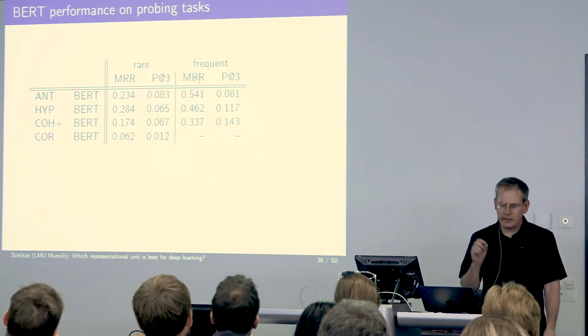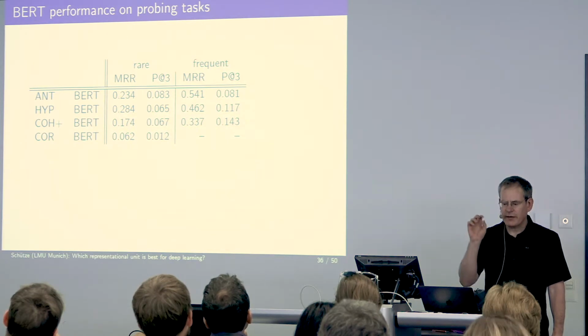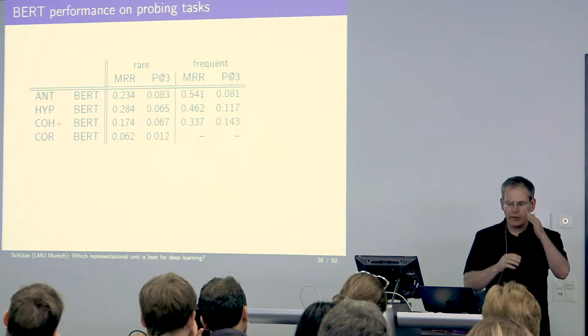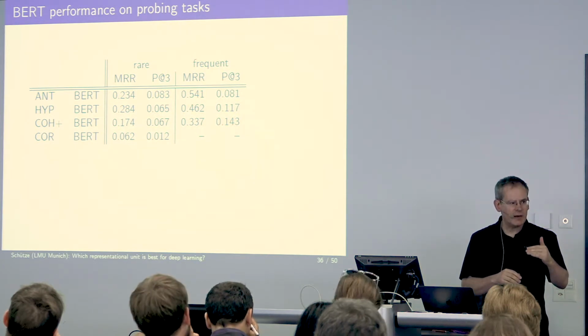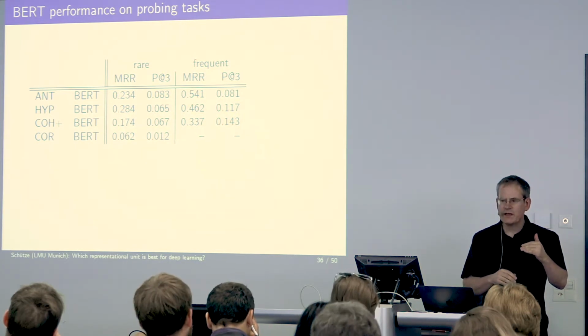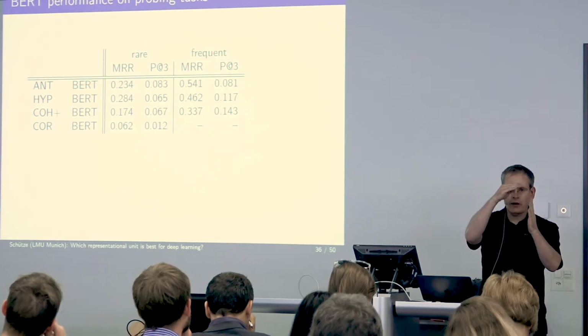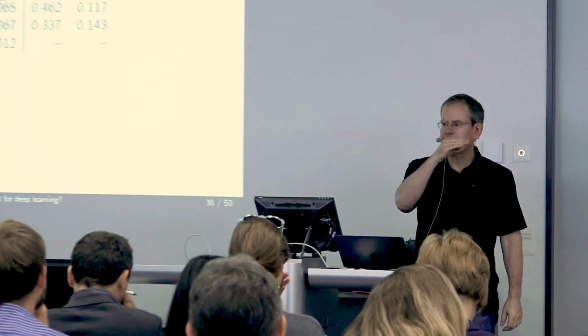So we actually don't insist on the correct answer at the top, as I suggested earlier, but we take BERT's ranking at a particular blank, what BERT wants to substitute, and we go down the list to the first correct answer. And that has a rank. We take the reciprocal of that, and we take the average over all those reciprocal ranks. So that's the MRR measure, mean reciprocal rank, and that's what we use for evaluation. I'm not going to talk about precision at 3 here.